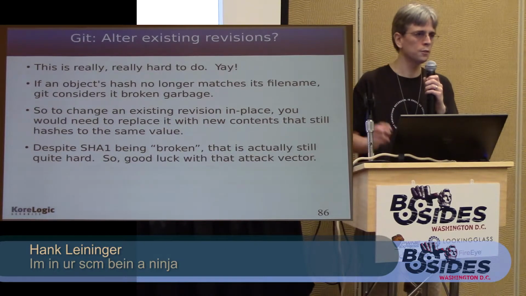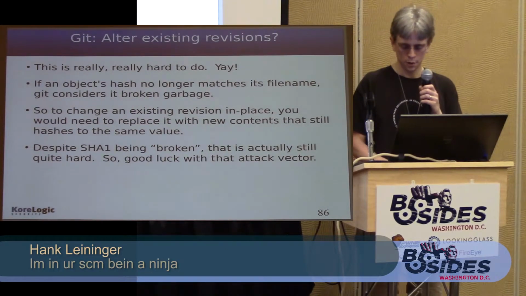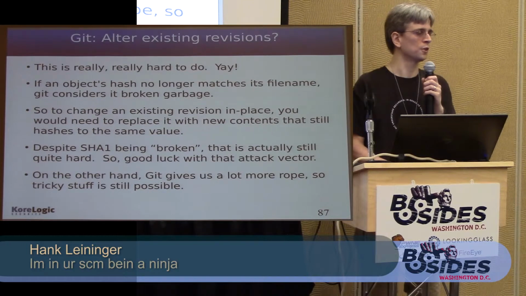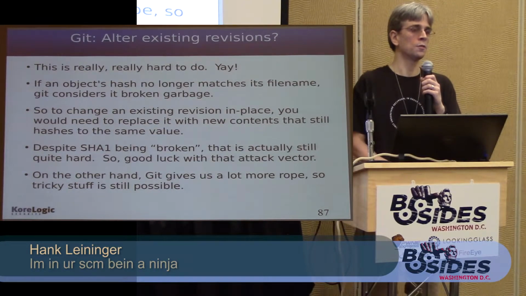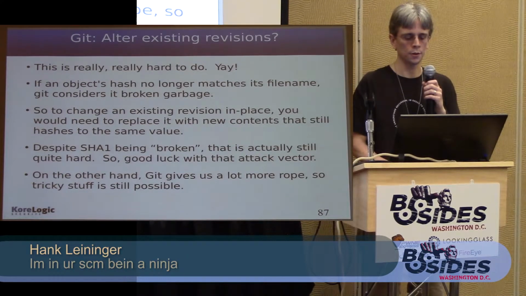Even though SHA-1 is considered broken, it's still a really, really hard problem, so good luck with that. On the other hand, Git offers a lot of advanced functionality that gives you enough rope to hang yourself, and gives attackers ways to manipulate you in other ways.